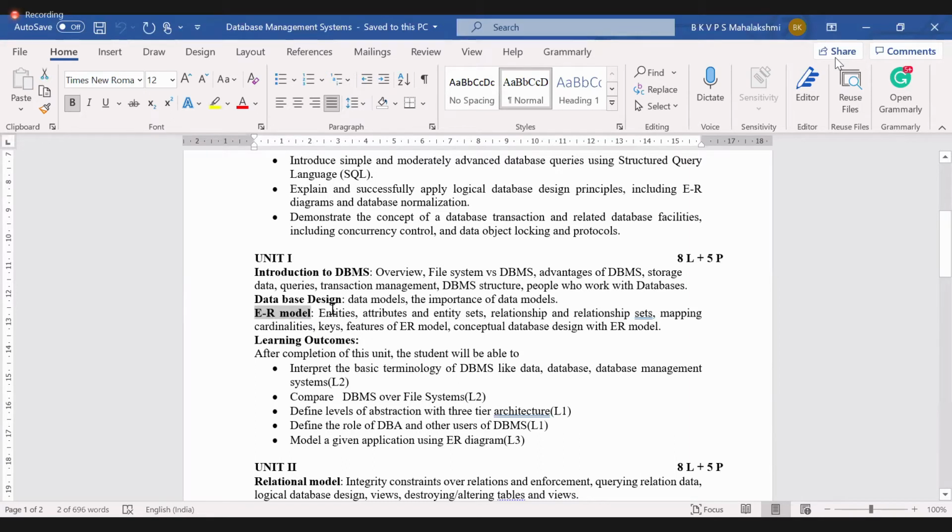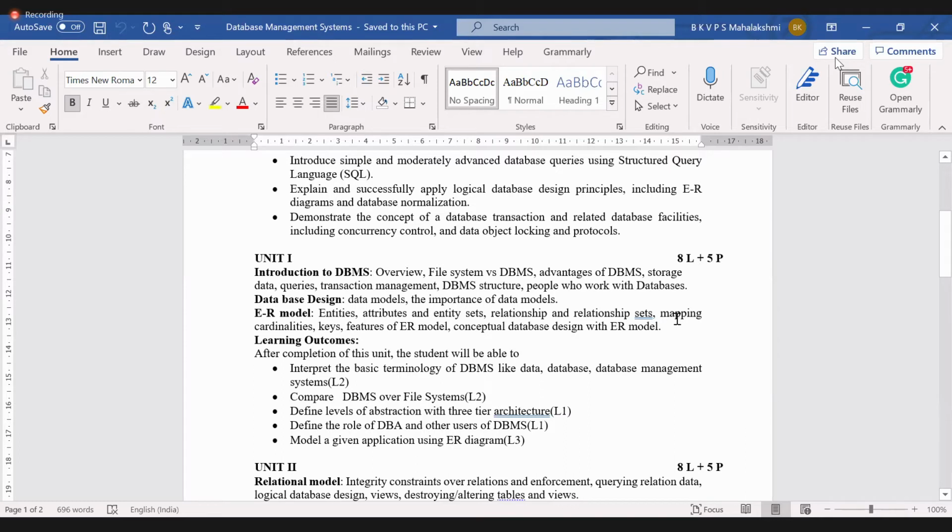In this, at first we have to know what the entity is and what the relationship is, what we have to maintain, and how to relate to the other entities from the specific entity. So we have to know about each and every concept.